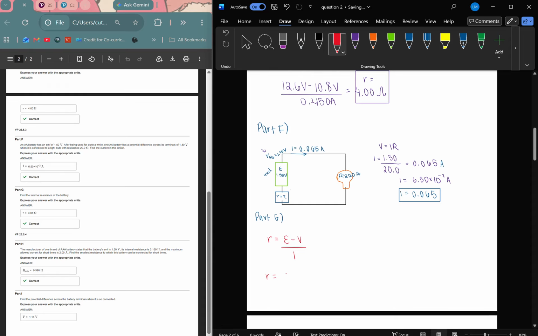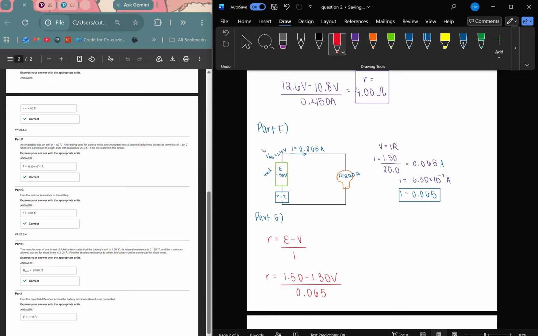So let's plug in everything. r equals 1.50, we'll minus that by 1.30. These are volts. And then over I, the current, which I'm going to put as 0.065.